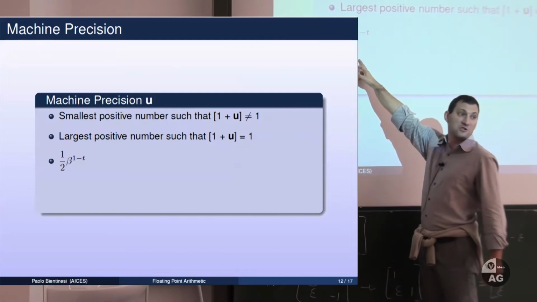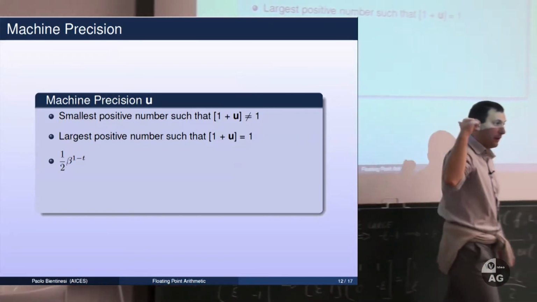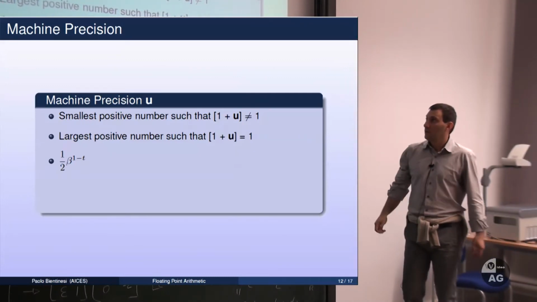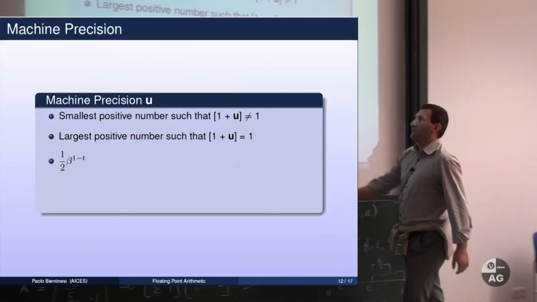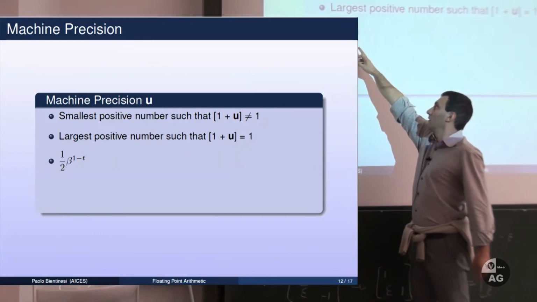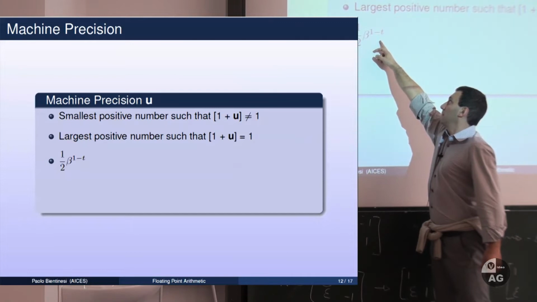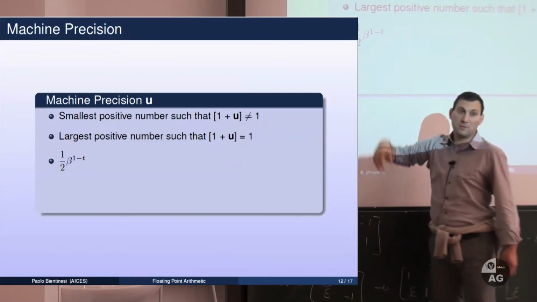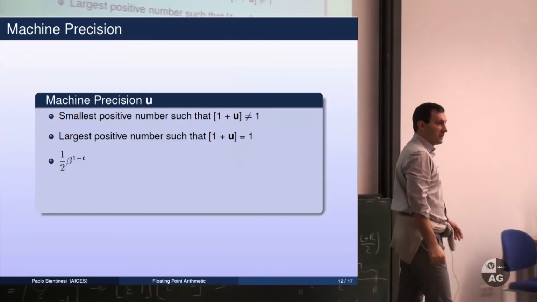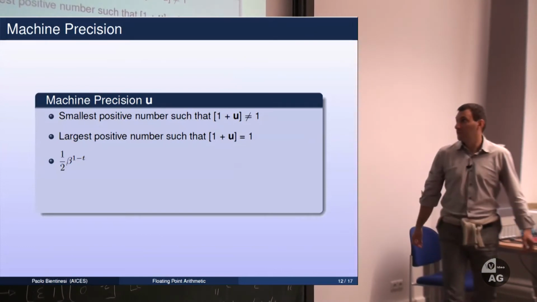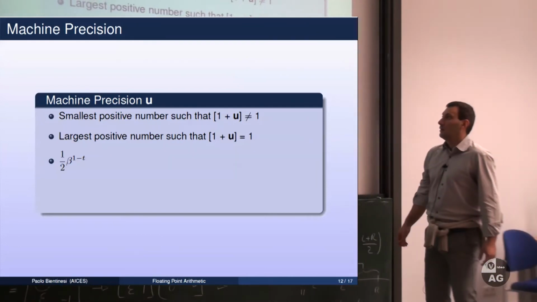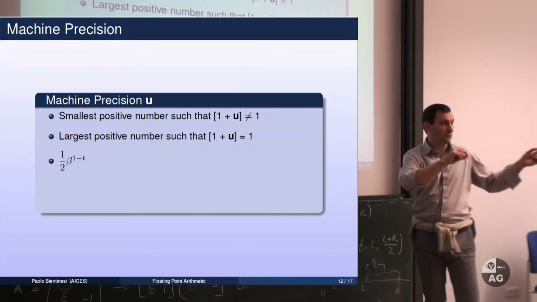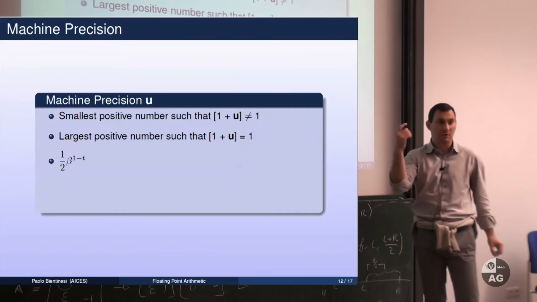This is the machine precision for a generic base beta. If you plug 2 in that beta, you find beta to the power of 1 minus t, minus 1, so 1 minus 1, beta to the minus t, which is actually that magic number that I presented last week, which is all the 52 digits 0 and the last one 1.